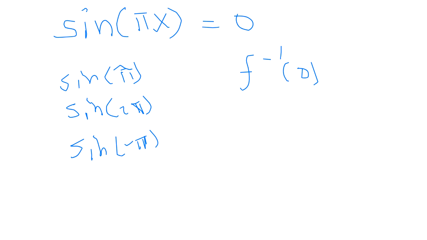But you have to remember this. Whenever you solve a sine equation and do the inverse sine, pi x would be equal to 0 plus or minus pi k. You're supposed to know that from pre-calculus.